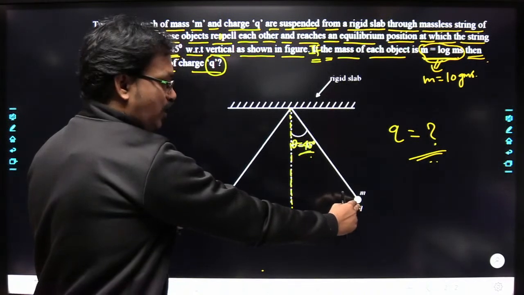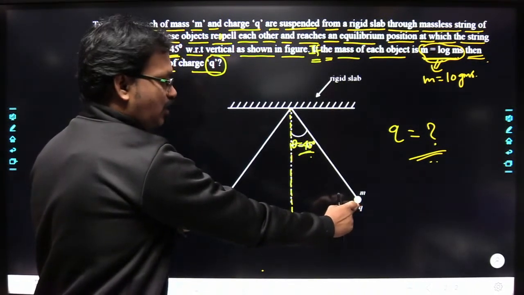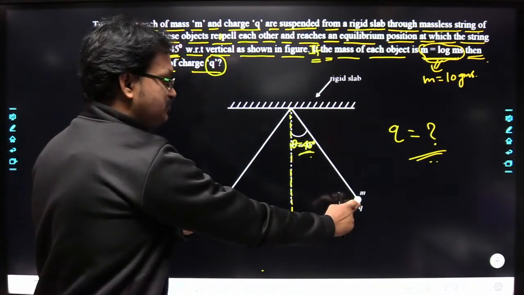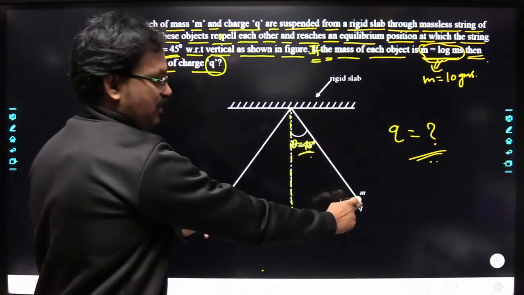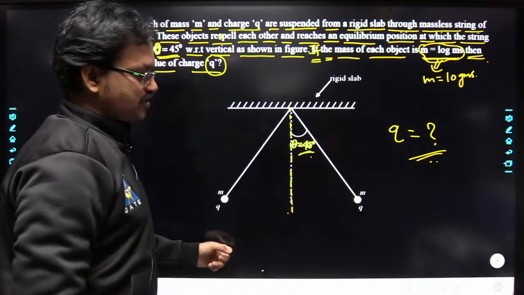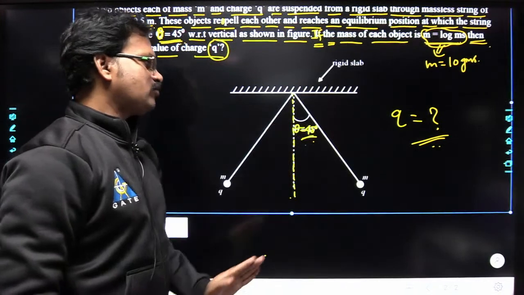At this location the net force acting on them becomes 0. That position we call the equilibrium position.